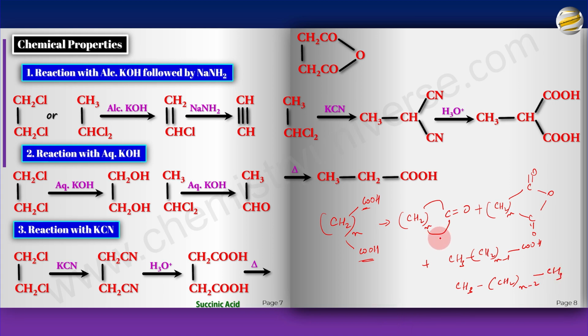If you get a ketone, one of the COs remains, the other COOH goes away as CO2. If you get an anhydride, you will just lose water from these two and you will get the anhydride. If you get an acid, again one COOH goes out and you have n CH2s left. Now this H will again go with the terminal carbon of this, so that will become CH3.